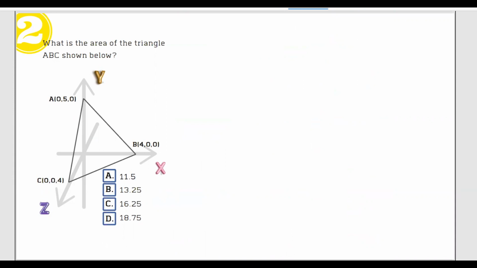So let's say we're going to have vector AC and vector AB. Let's do vector AB and calculate the coordinates again. I'm just going to do it right away. We'll have 4 minus 0, and I have 4. 0 minus 5, minus 5. 0 minus 0, 0.